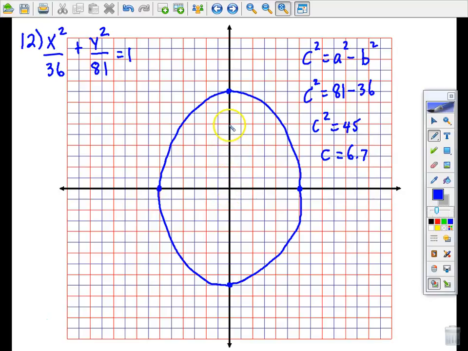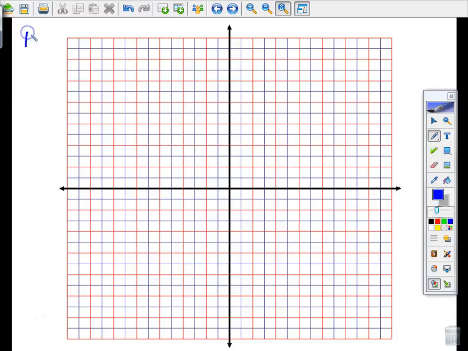It's just shy of 7. And I'll always like for you to show these in ordered pair form. So this is the way we would indicate the foci using ordered pairs, since they have to go on the y-axis.